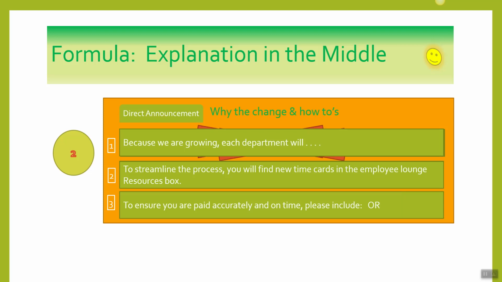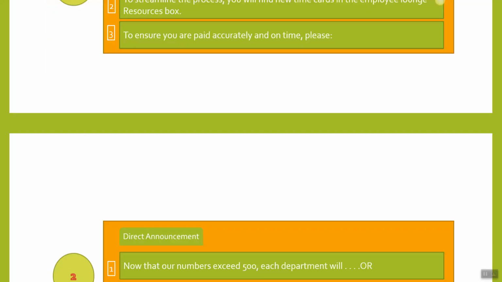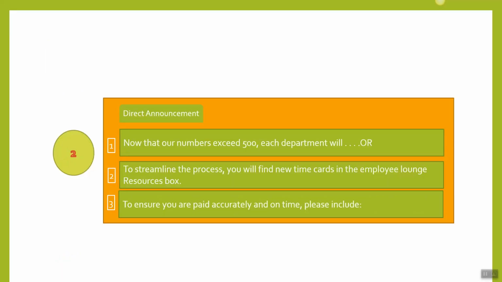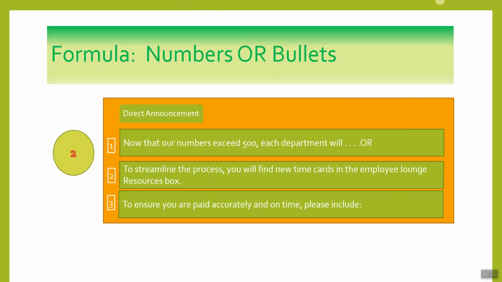Now, if you do the please include, you're going to have one kind of list. But if you do the other, I'll show you here how to do it. I didn't stress this very much, so I'm going to explain it now. You use numbers when you have an ordered list, like things being done in a certain order. And you have bullets when it doesn't really matter what order they go in.